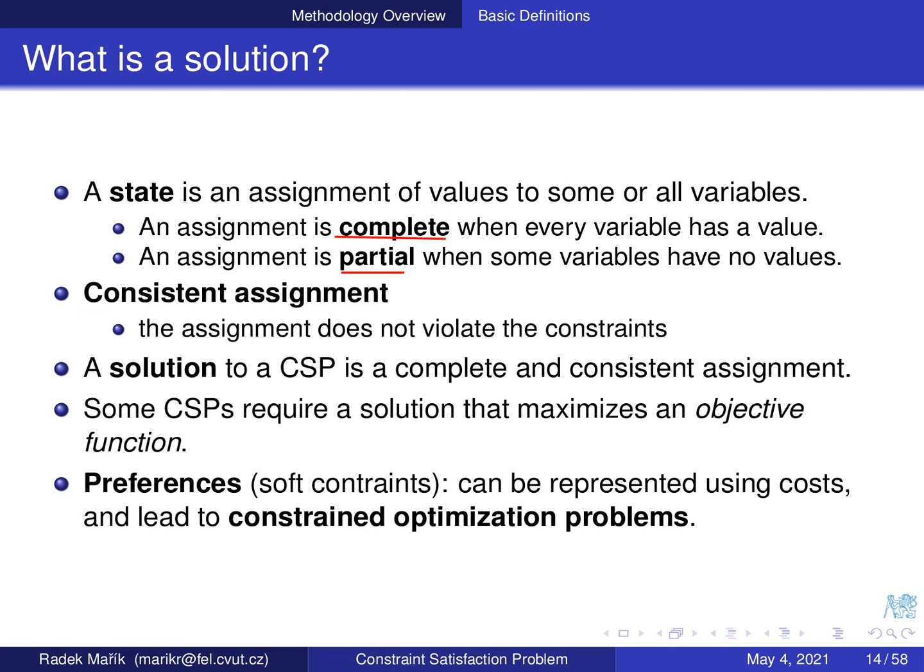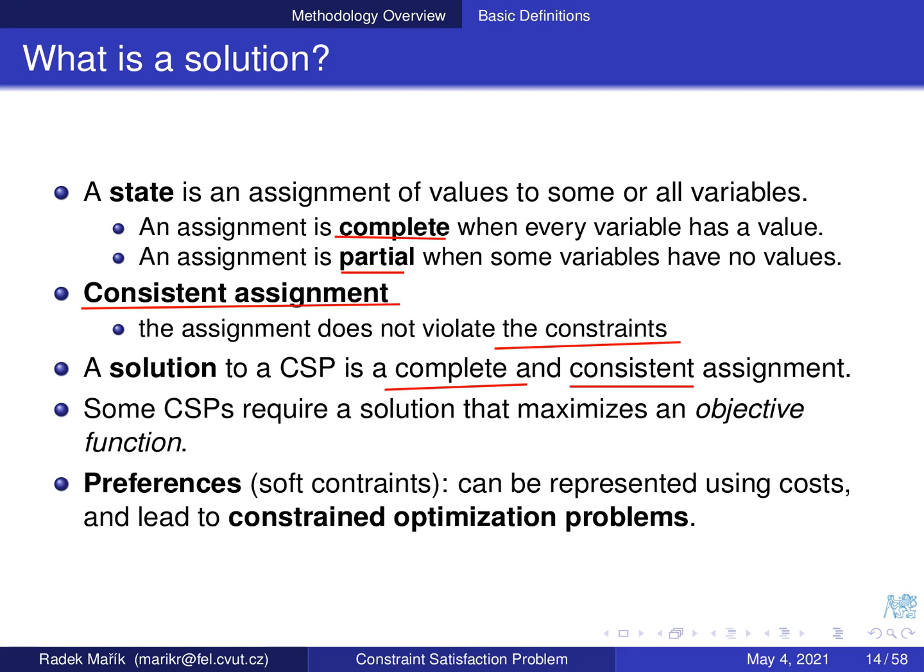We also speak about the so-called consistent assignment, and that is such an assignment that does not violate the constraints. And it can also be partial or complete. And a solution to a CSP is a complete and consistent assignment.